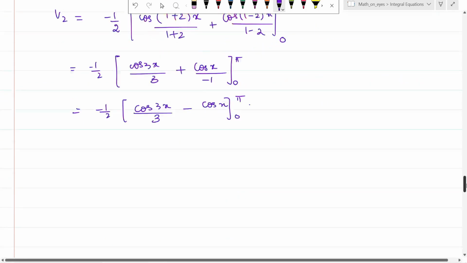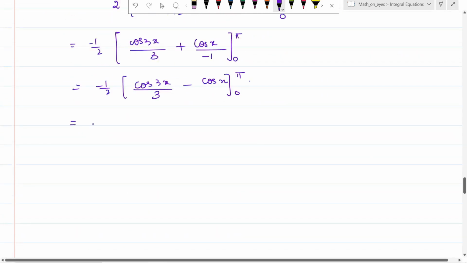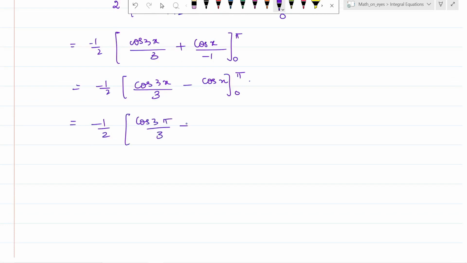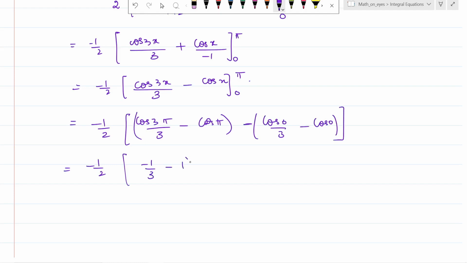When you apply the limit for the result, minus 1 by 2 of cos 3 pi by 3 minus cos pi, minus of cos 0 by 3 minus cos 0. So that is equal to minus 1 by 2 cos 3 pi, which is equal to minus 1 by 3 minus 1. Cos pi is minus 1, so minus into minus you will find plus 1, and then minus 1 by 3. Cos 0 is 1, so minus 1.